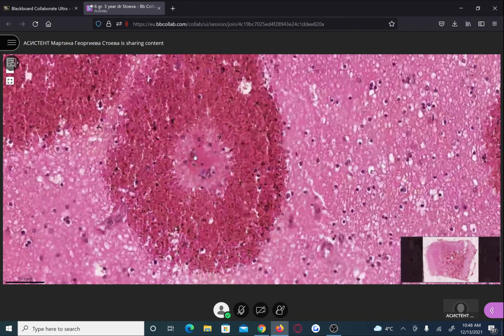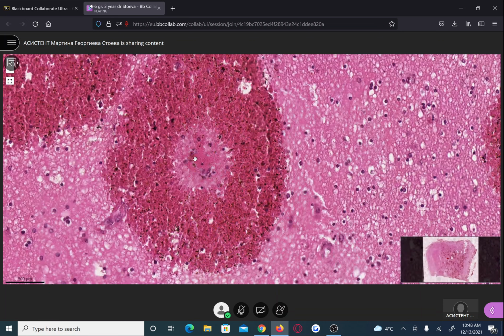In this pallor area we can find actually a small blood vessel from the microcirculation, usually a capillary, with a still preserved wall, and only the erythrocytes leave the blood vessel into the perivascular space, forming the petechial hemorrhage.